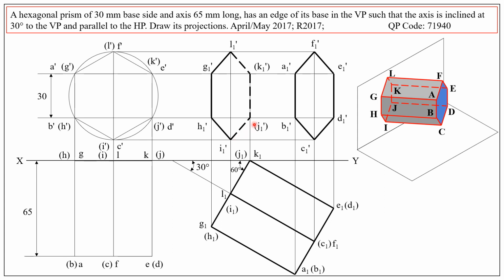I1 dash, J1 dash, dotted line. This is also dotted line. This is also dotted line because those edges are invisible. So in the drawing sheet, one needs to imagine the invisible edges and draw.